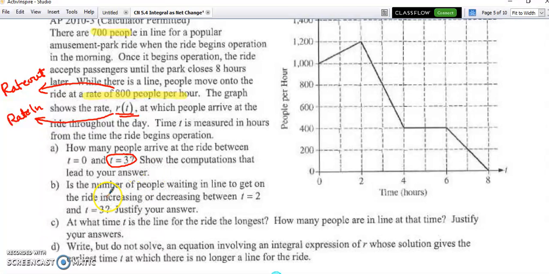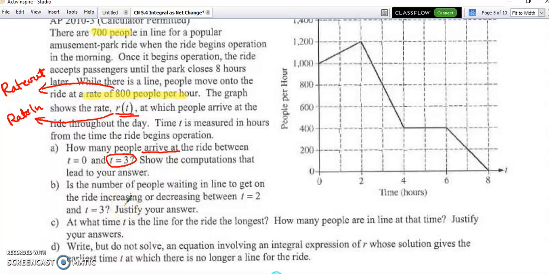Let me back that up. I just said something wrong. This is the people who arrive at the ride. So I'm not asking about who's in the line. The combination of leaving and going is what's in the line. These are only the people that arrive at the line. So make sure you're only using R of T for this one.